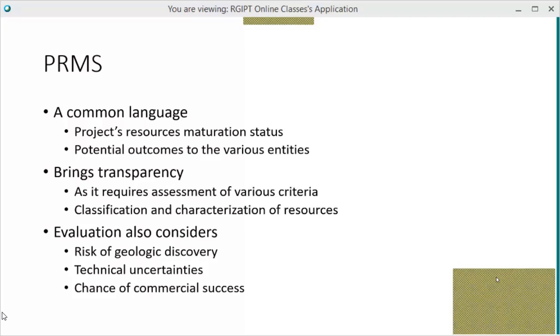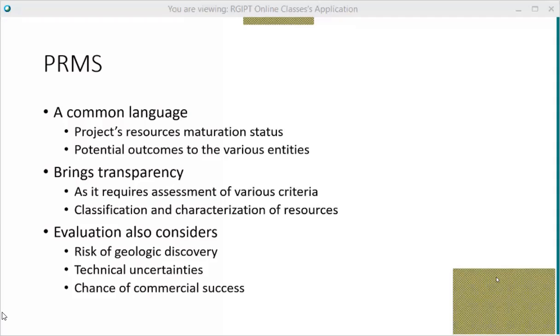This maturation has nothing to do with source rock maturation, where you go for VRO and all those, okay? No, not that. So your project is getting matured. Okay, so I was trying to give you this idea about bringing transparency.